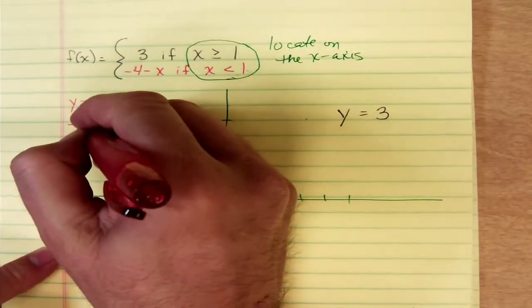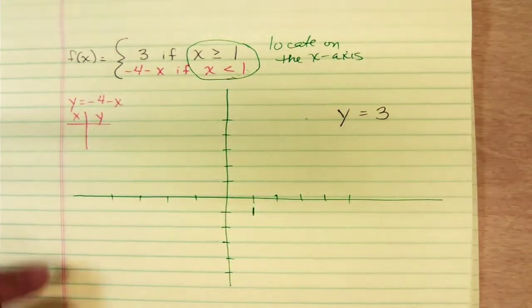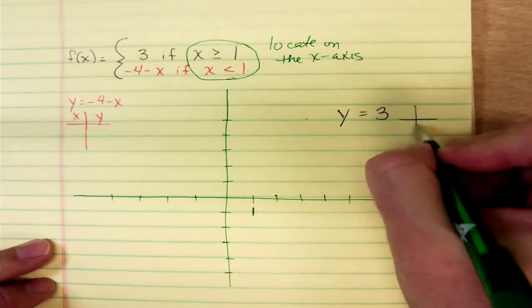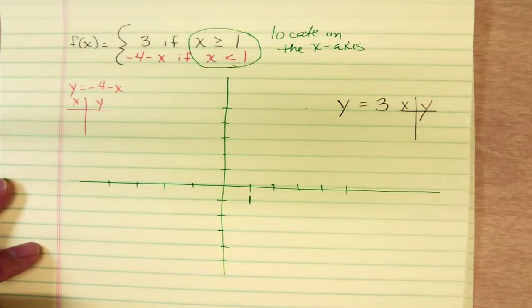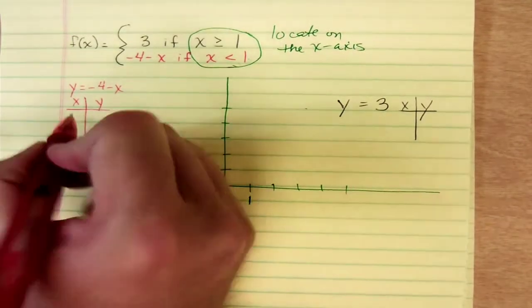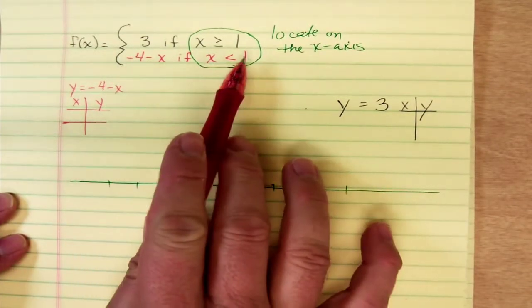To graph these, I'm going to do it exactly the way I did in class. I'll draw my little xy table. Now, when you're graphing these, you've got to first always plug in the cut point.